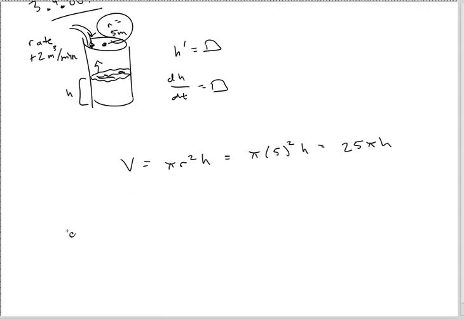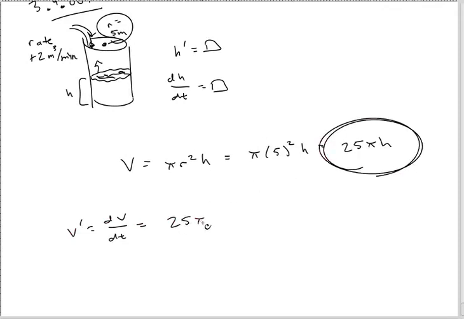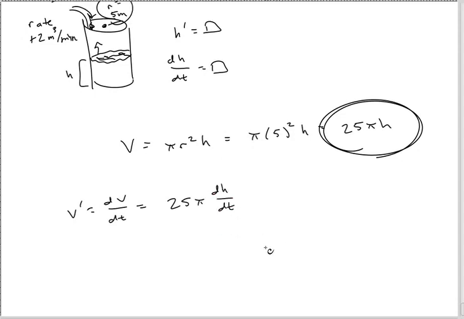Okay. So V prime, this is going to be dV/dt, is equal to, and you take a derivative right here of this guy. And so 25 pi, and the h goes to dH/dt, or just h prime. We have dV/dt, it's the rate. See how that's a volume over time?